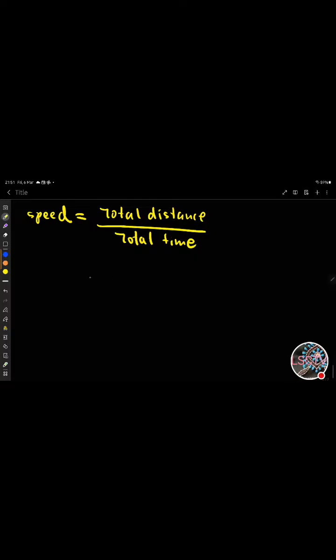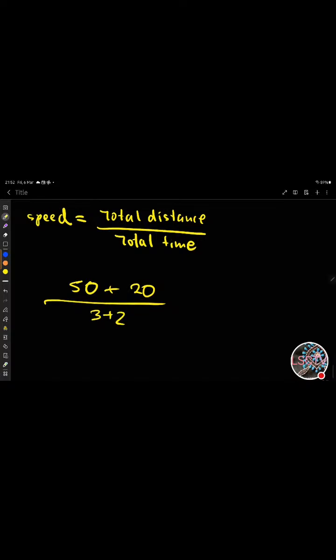So let's say you travel 50 and then 20, with 3 hours and 2 hours: 3 hours 50 kilometers, 2 hours 20 kilometers, 3 plus 2, 75, you get 14 kmph.